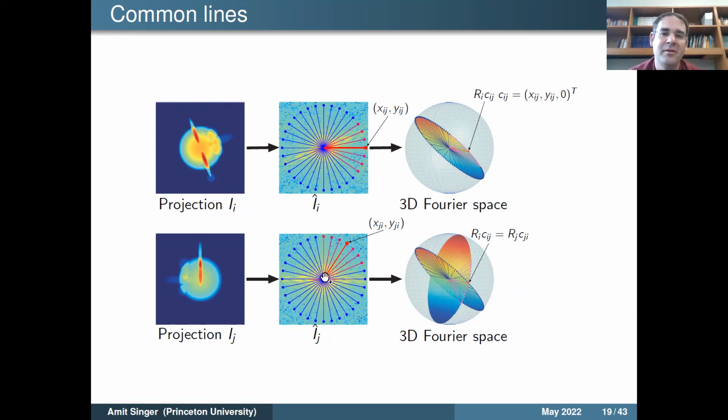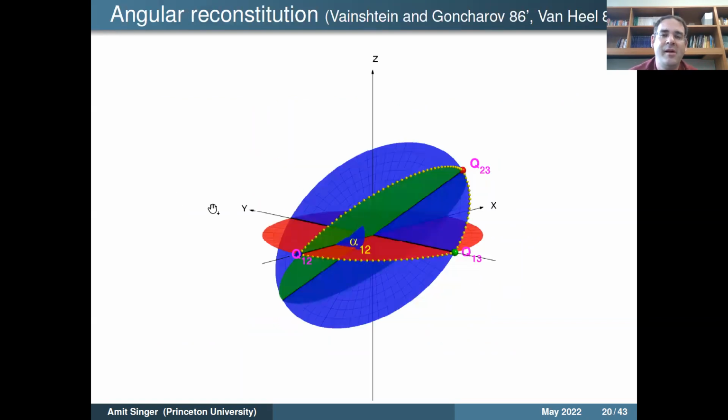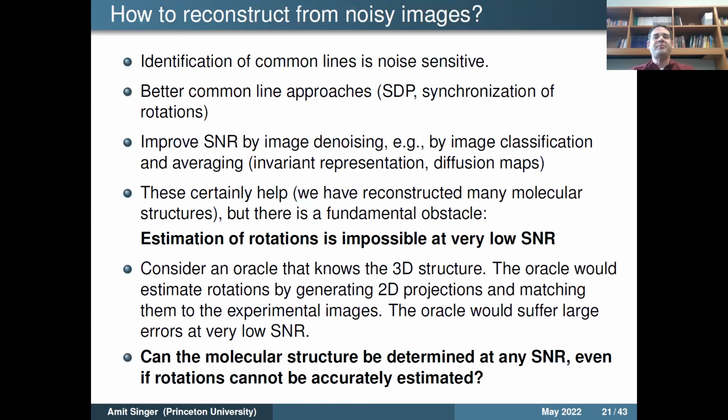This means that there should be one line in the second image and one line in the first image where the values of the Fourier transform agree up to noise. We can probably find that line if there is not too much noise in the images, and then we can add a third image, and using three images we can find the relative orientations. This is called angular reconstitution. Then the fourth image, fifth image, and so on, and we can even do it in a globally consistent manner.